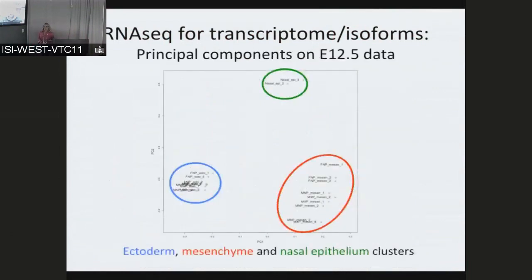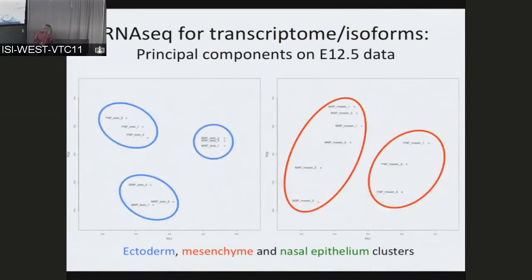And in terms of the biological relevance of the data, if we just look at principal components on where they lie, we find that the nasal epithelium group's completely different from the ectoderm, which again, completely different from the mesenchyme. So what we would expect is biologically different tissues.